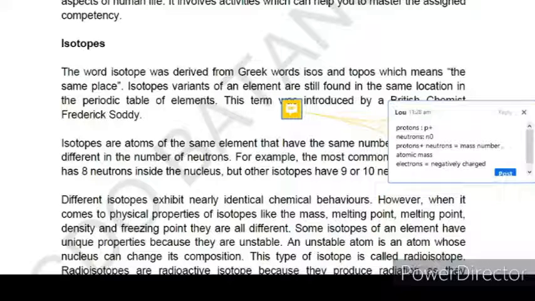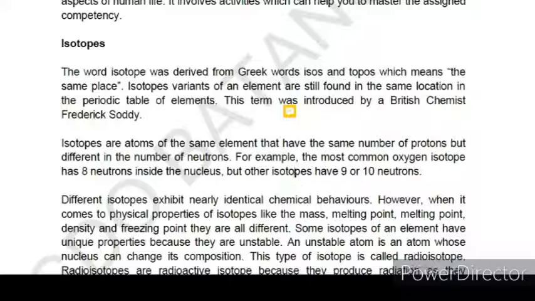We denote this by the symbol E-. So electrons are negatively charged particles, protons are positively charged particles, while neutrons are particles with no charge. Protons and neutrons comprise the mass number or the atomic mass, and they are found inside the nucleus of an atom.